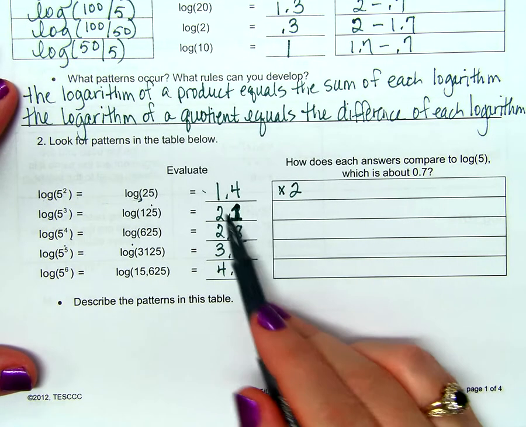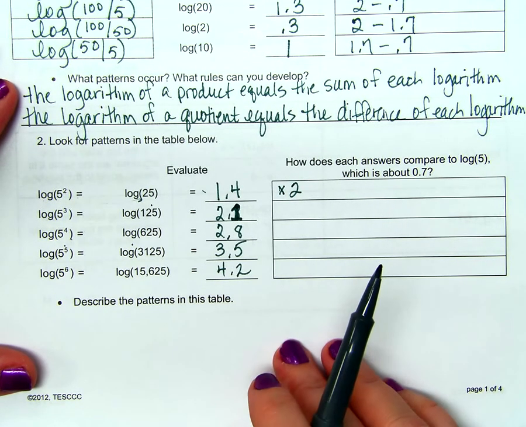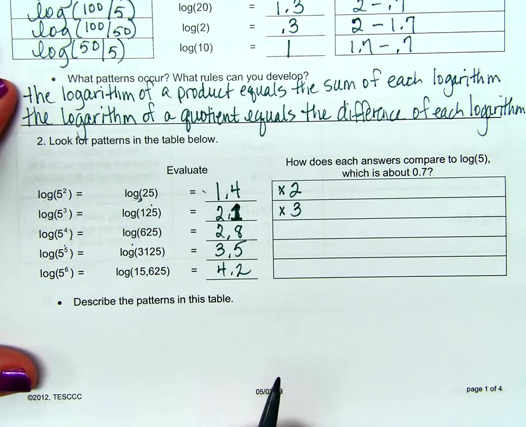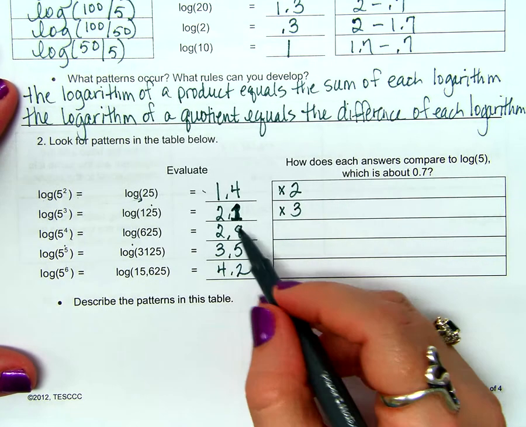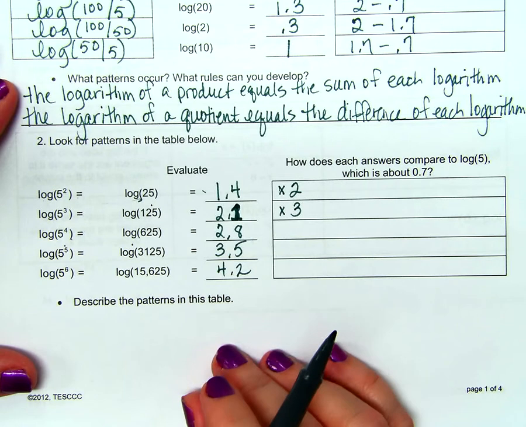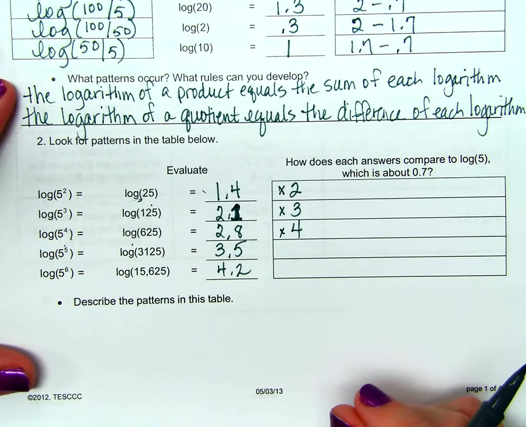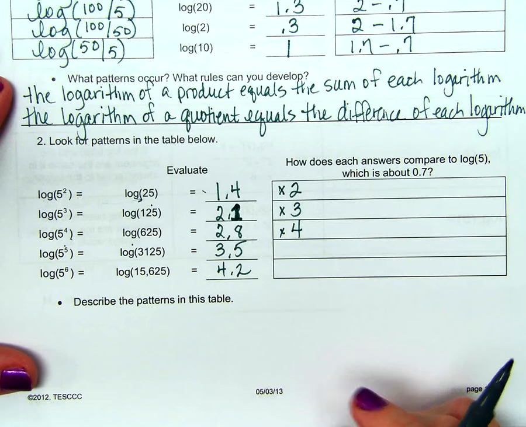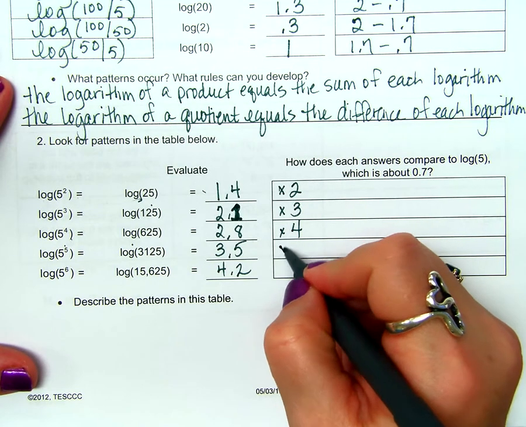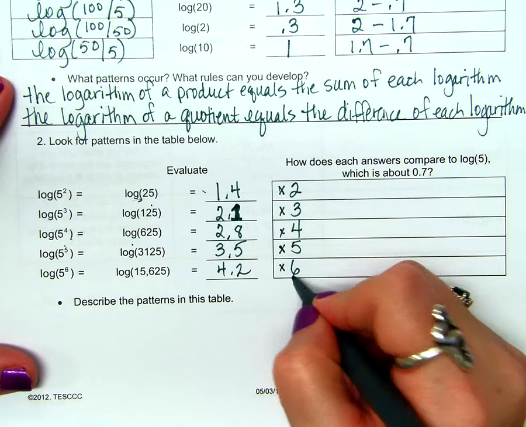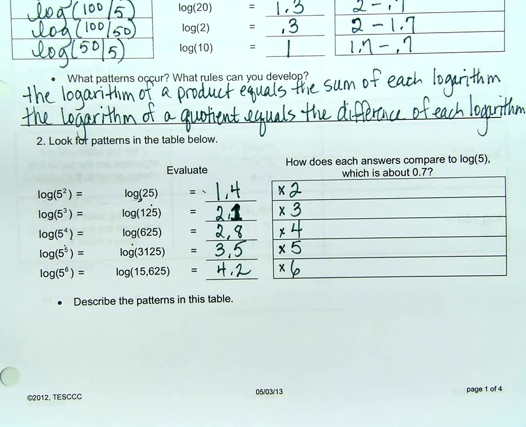How is 2.1 related then to 0.7? Multiply by 3. What about 2.8? How does that compare to 0.7? Multiply by 4. Anybody starting to see a pattern? What's the next one? Times 5. Times 6. Okay. What's the pattern in the table?